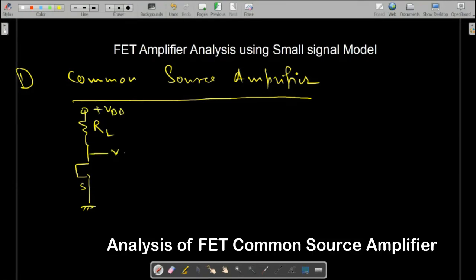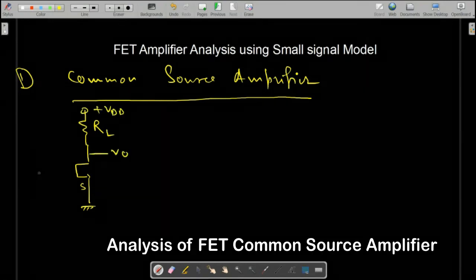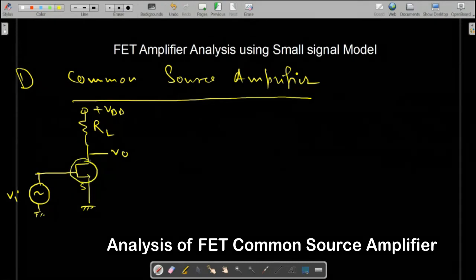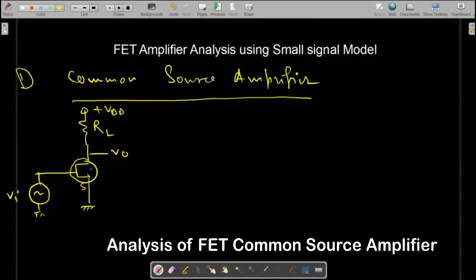You are taking output from here, V0, and on the input side, let us say you are applying some voltage VI. A very simple circuit I am drawing. So this is the basic common source amplifier. Okay. If I mark the terminals, this is the drain, this is the gate, and this is the source terminal.